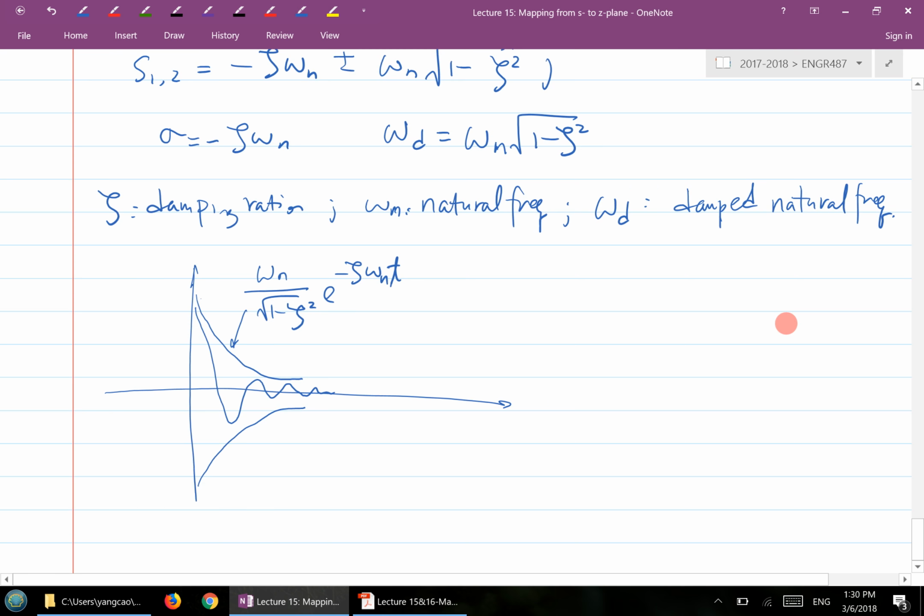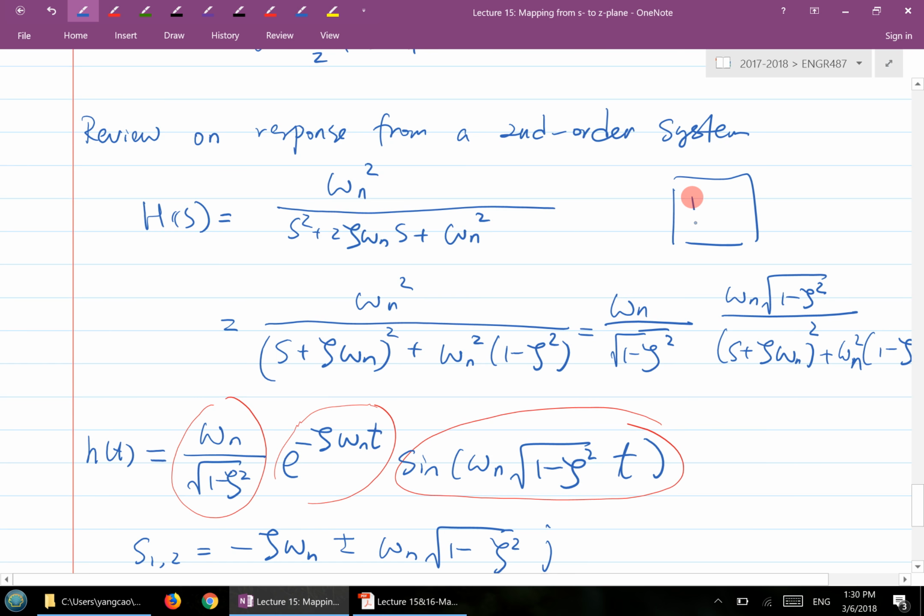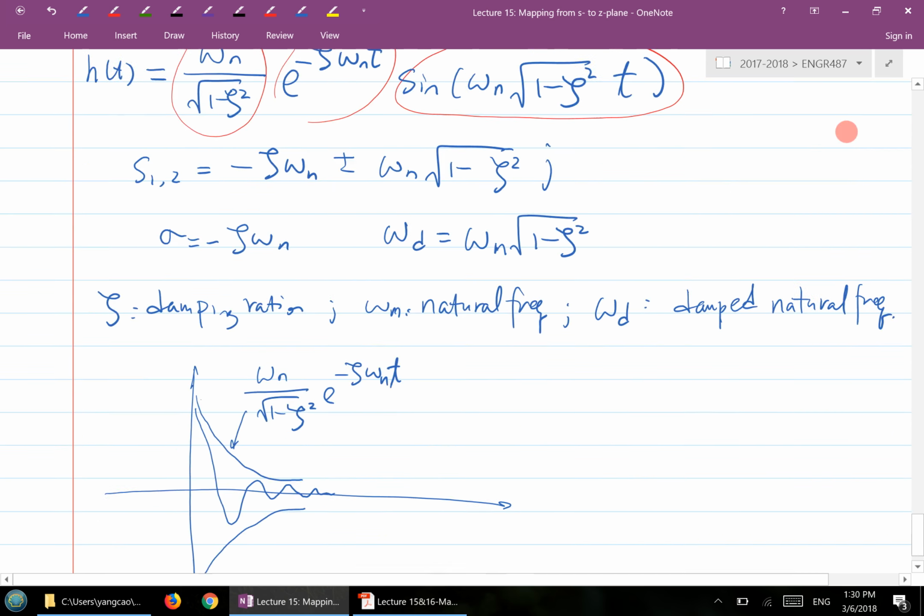Yeah, we can talk about this later. So if this is the pulse transfer function, let's say your closed loop pulse transfer function, you can give any input to this h of t.